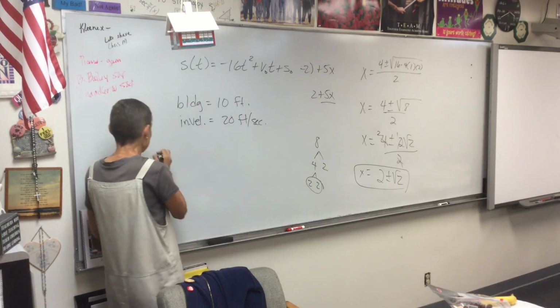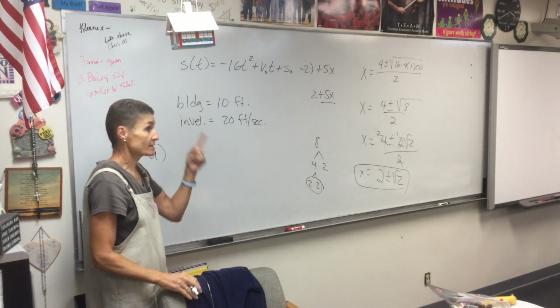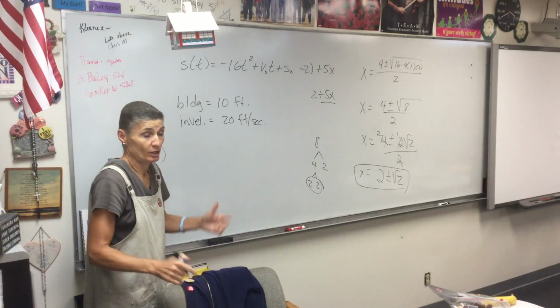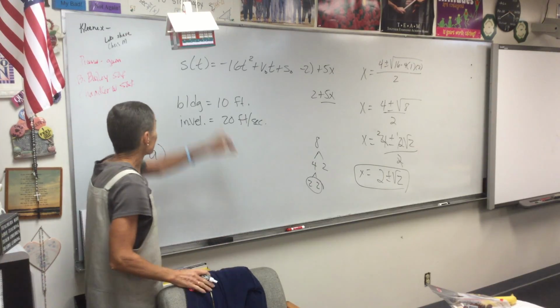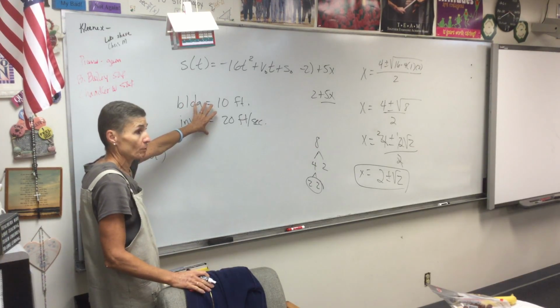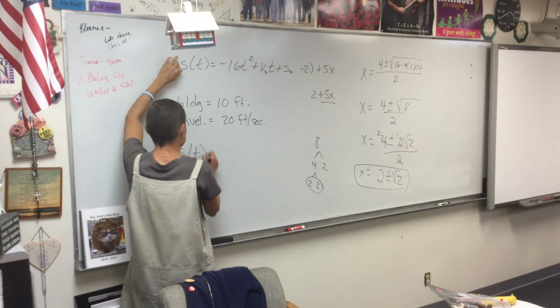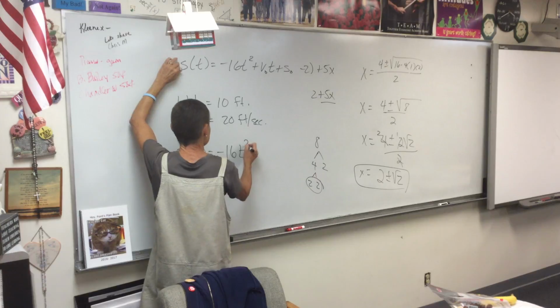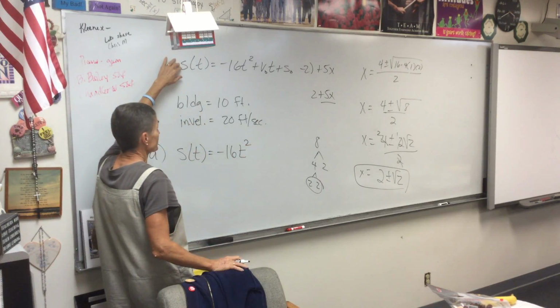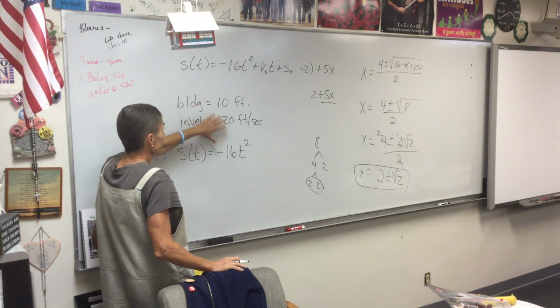Okay? And then on the practice test, step 1 is write the equation. That's this, with these numbers put in. So, if that's the situation, we're going to have negative 16t squared always. That doesn't change. Now, where do I put the 10 and the 20?